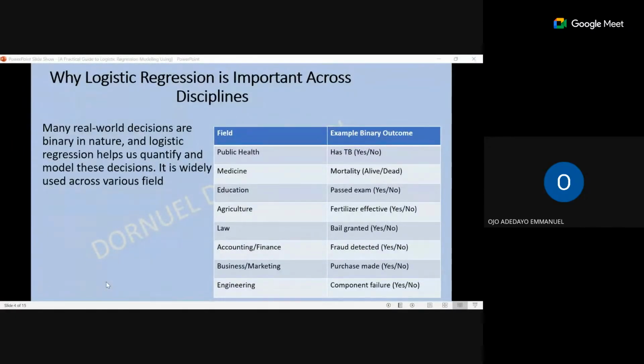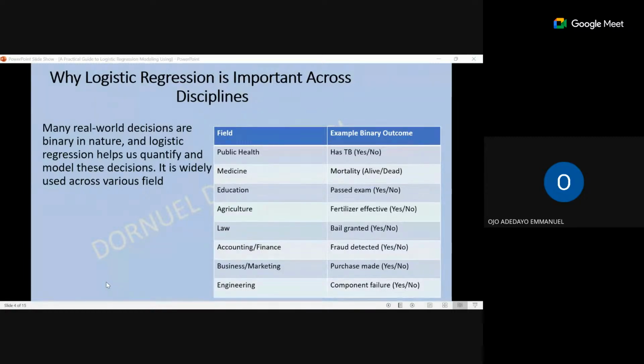Is it that the baby is alive or not? So if you want to model that, what is the cause of mortality? What are the things that are contributing to the mortality? So you can model the outcome. The outcome is binary, so you have to model it with logistic regression. So that one is going to give you the factors that are contributing to the death of infants.